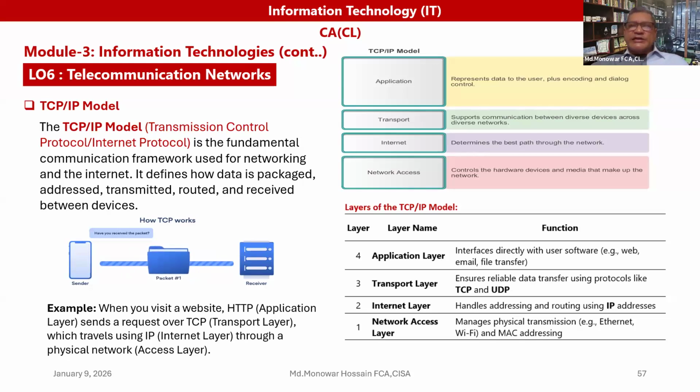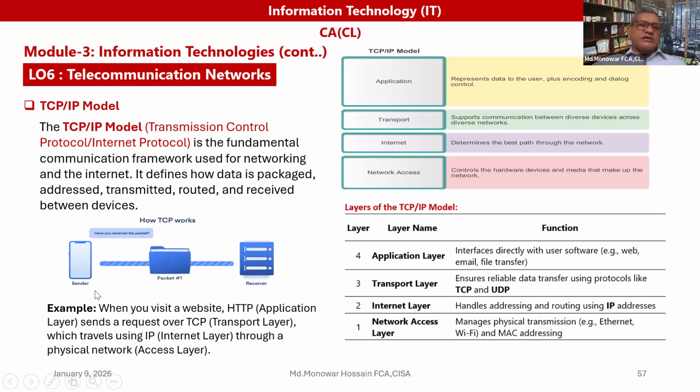The application layer is the interface where we use software, web, email, etc. And it defines how data is packaged, addressed, transmitted, routed, and received between devices.